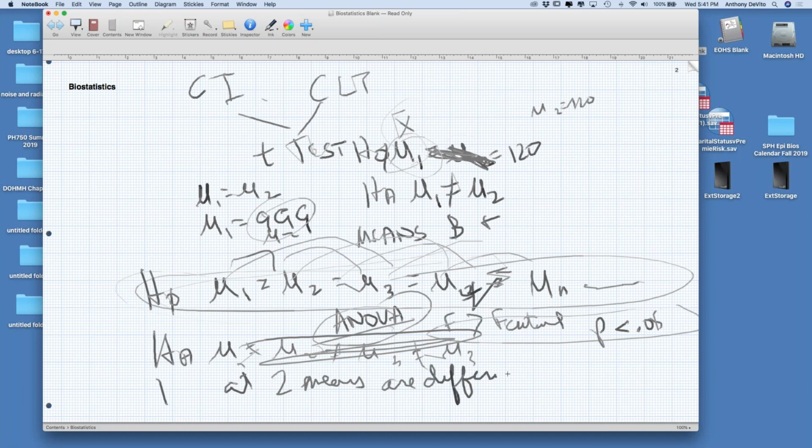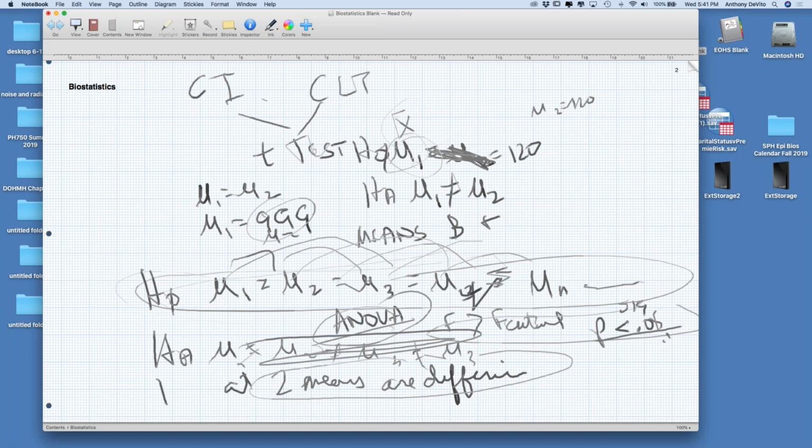Okay, when you've completed your analysis of variance and you've exceeded the F critical, or used SPSS and gotten a p-value or significance that's less than 0.05, well, then you can say that at least 2 of the means are different. Or another way to phrase that, at least 1 of the means is different from some other mean.